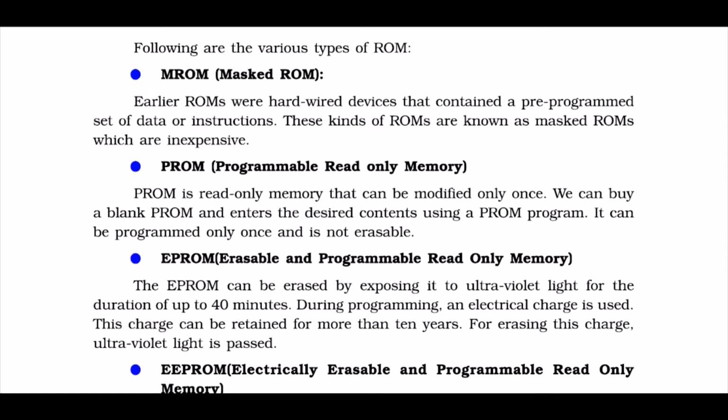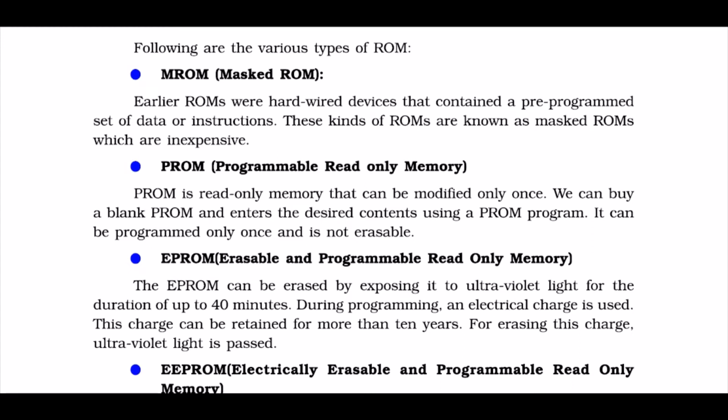EPROM stands for erasable and programmable read-only memory. Now as the technology is improving, EPROM can be erased by exposing it to ultraviolet light. That means UV light. When you put UV light on it, it can be erased for a duration of up to 40 minutes.